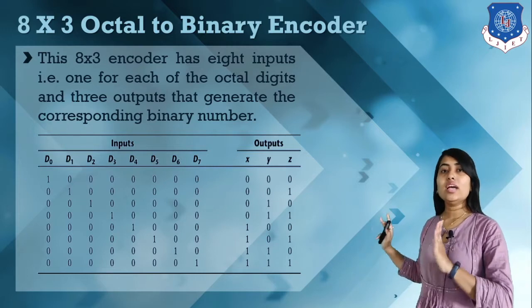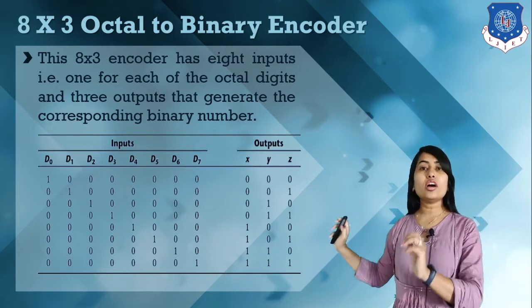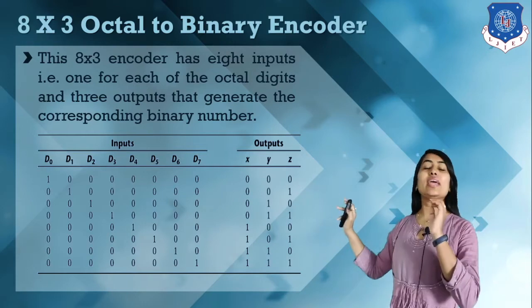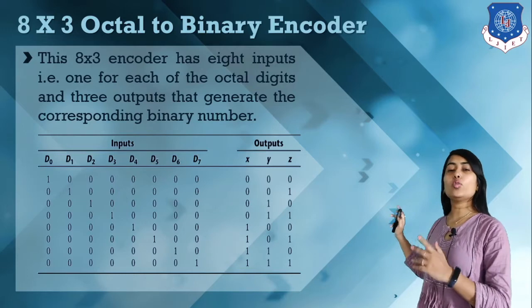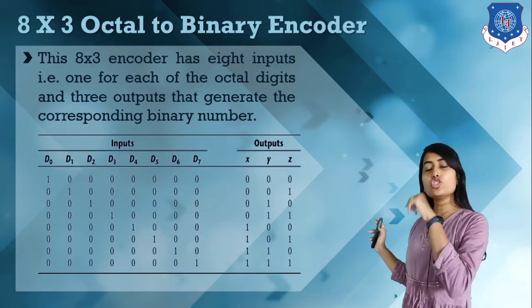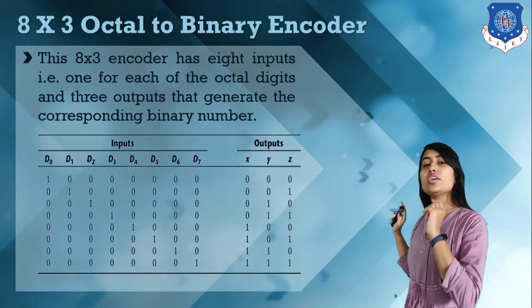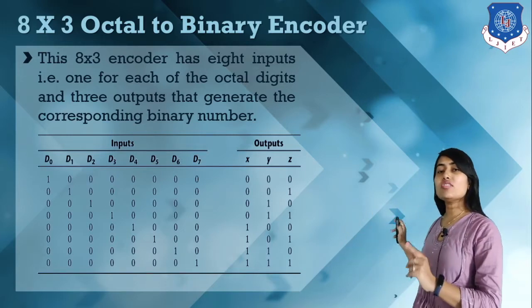Total 8 inputs, and at a time only one input is active. So when D0 is active, we have the output XYZ equal to 0, 0, 0. When D1 is active, we have 0, 0, 1.